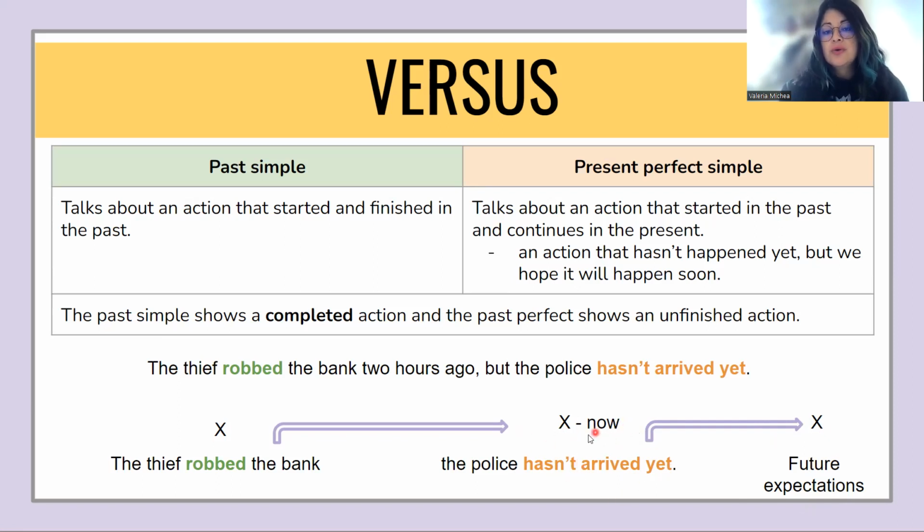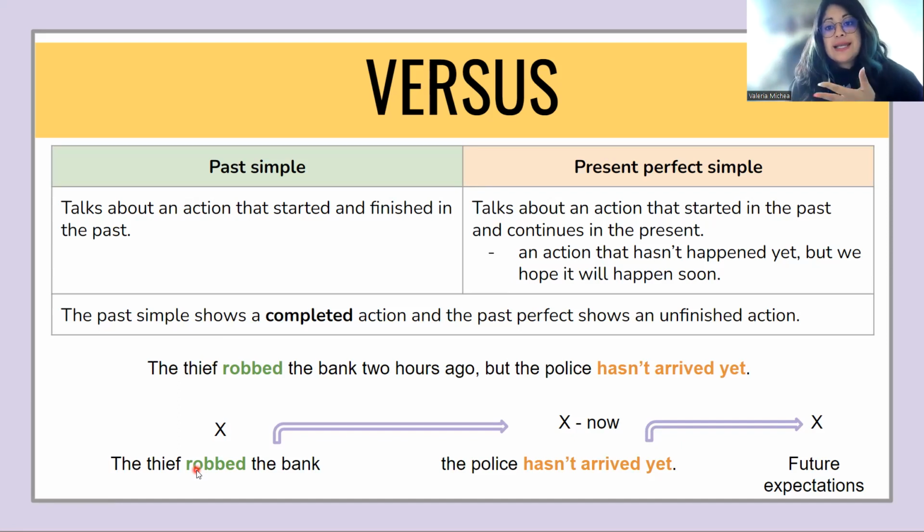If this action was completed, I would say the thief robbed the bank and the police never arrived. That's over, that's in the past, the police never arrived, it's gone. There is no chance for the police to arrive now because the action is already over. Whereas in this case, with the present perfect simple, we leave it open.